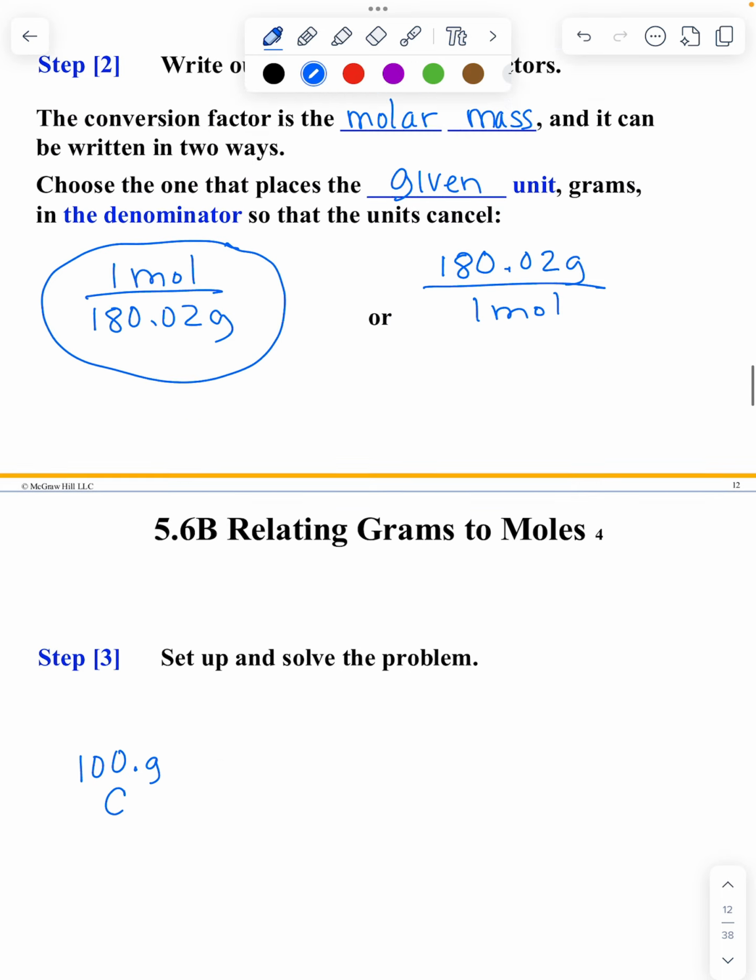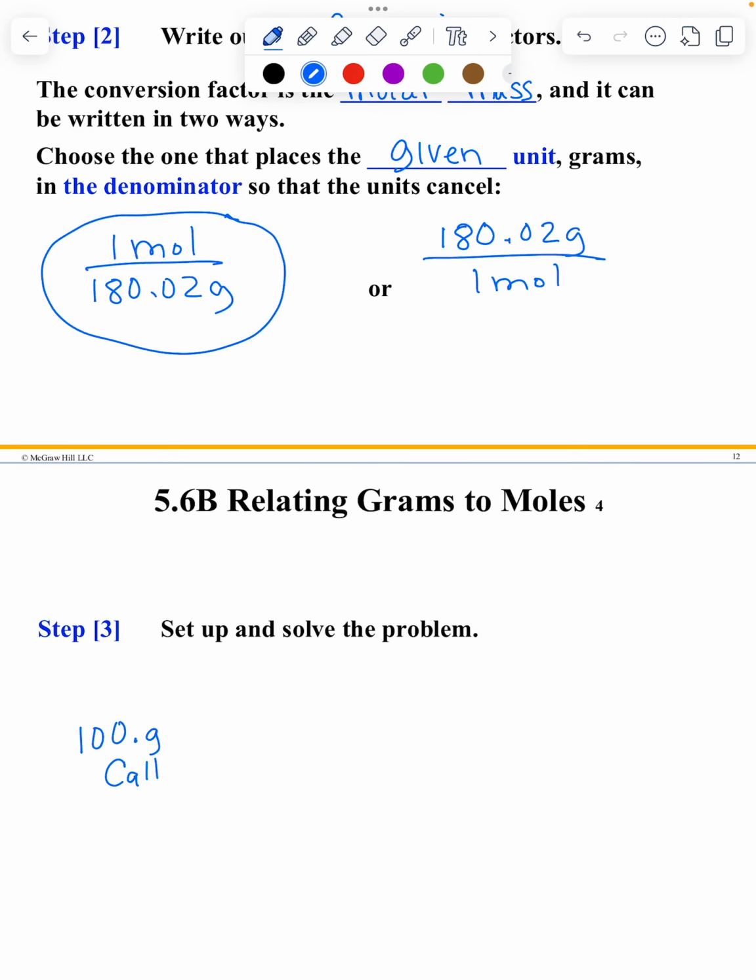We were given 100 grams, and we're going to multiply that by the conversion factor that we chose, 1 mole over 180.02 grams. That was our molar mass for aspirin. We set it up this way so that the units cancel. Gram cancels with gram, and we were asked to find moles, and that's the unit we have left.